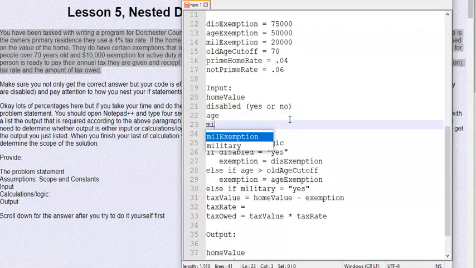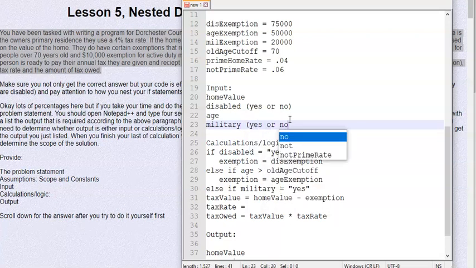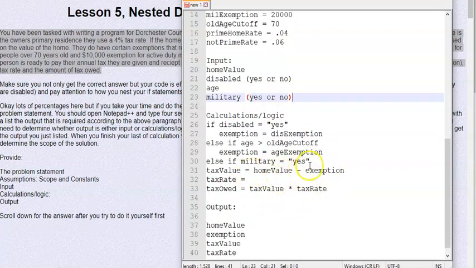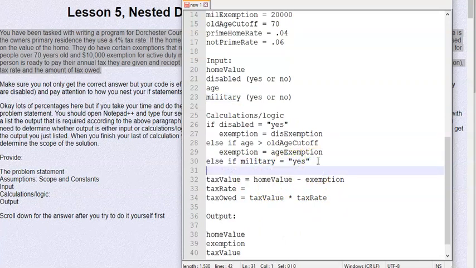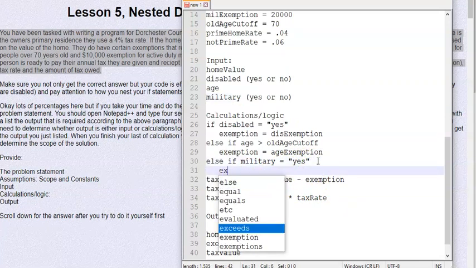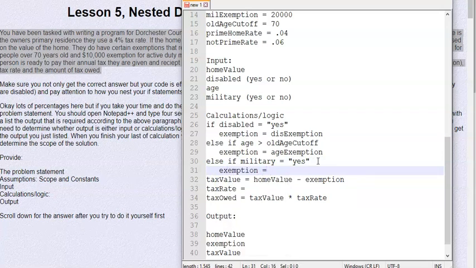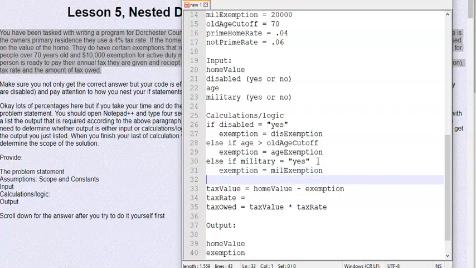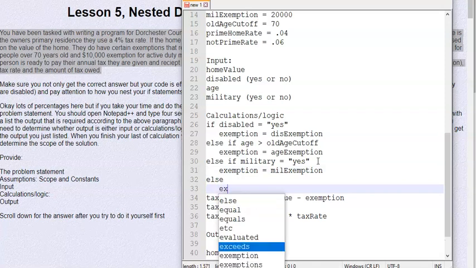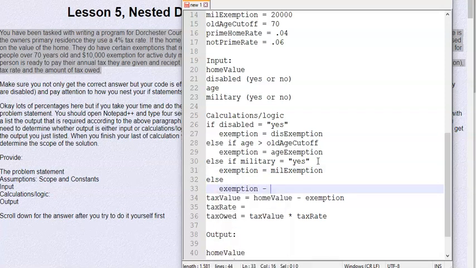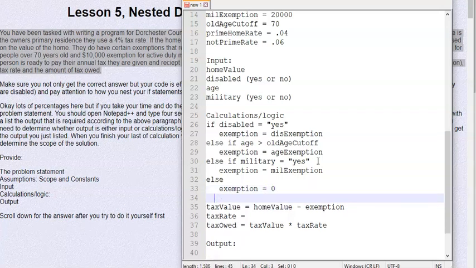So that's going to be military, and then yes or no. Okay, so if it is yes, then the exemption is going to be equal to the mil exemption. Else, exemption is equal to 0.